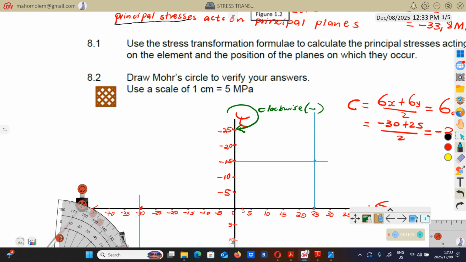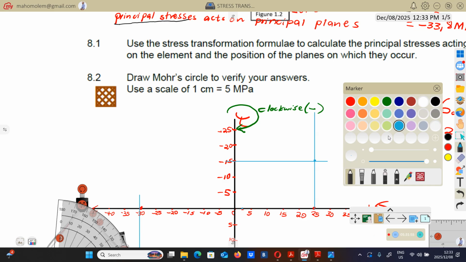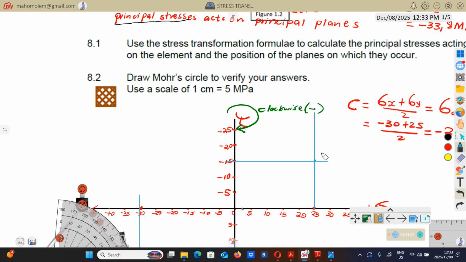Remember the center of our circle will be here. Here you will have normal stress 25, then negative 15 as shear stress. So this is normal stress, this is shear stress.